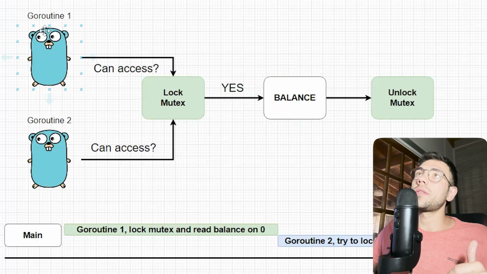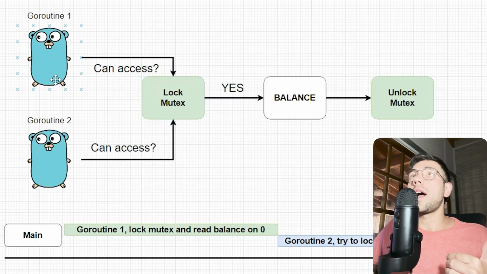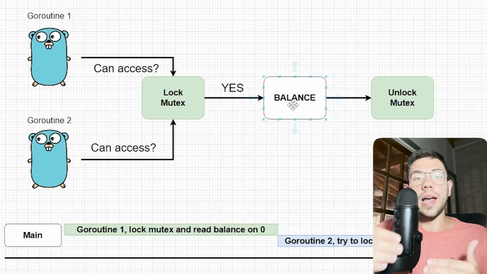So if coroutine number 1 accesses that resource first, when another coroutine tries to get access to the same resource, it will be blocked because another coroutine is already using it, and we don't want multiple coroutines to use the same resource at the same time.